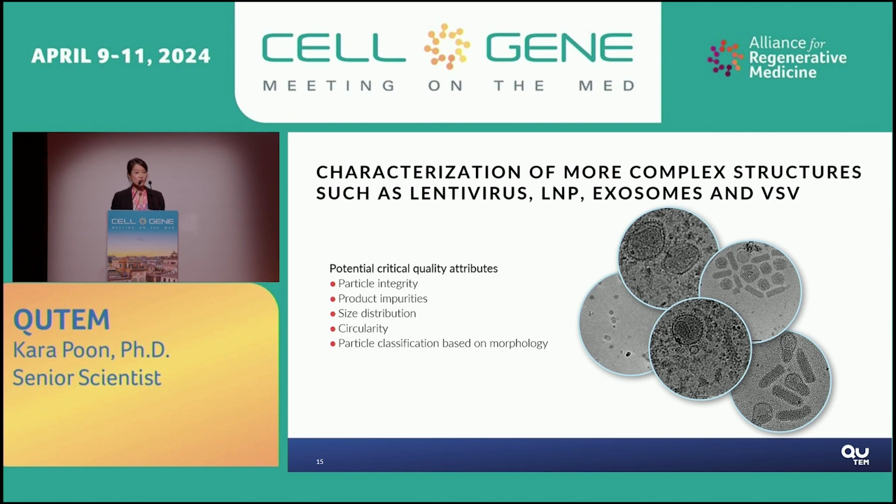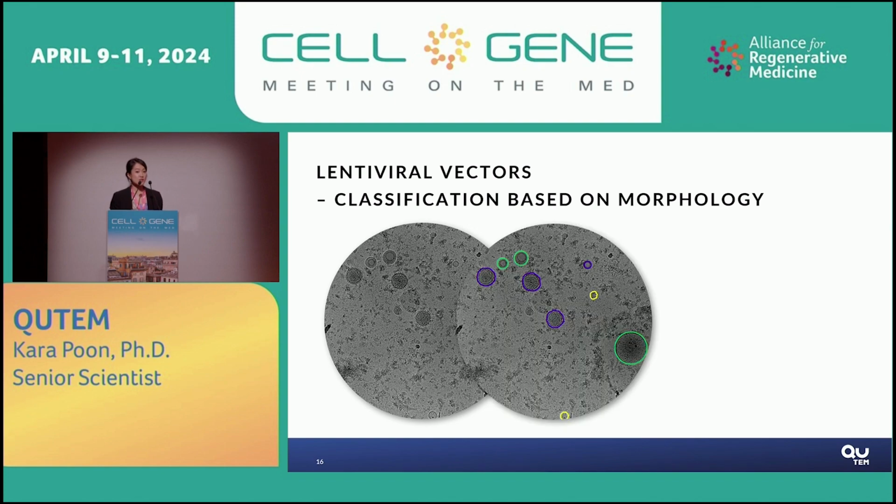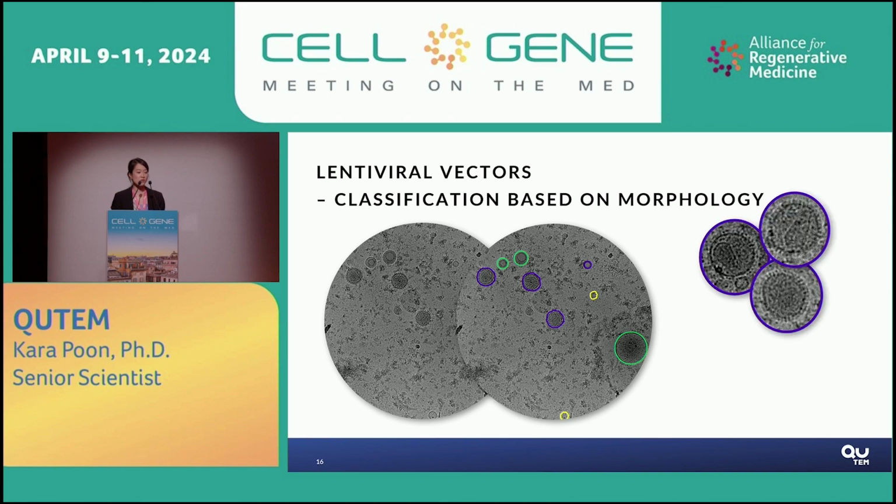I just want to give you two examples today, the first being lentiviral vectors. Perhaps you would like to know more about what particles you have based on their functionality, and by this I mean their morphology as well. So we use our FDA-compliant software to first detect out all of the particles, and then we can classify them based on the characteristic spike proteins that we see, which lend their functionality.